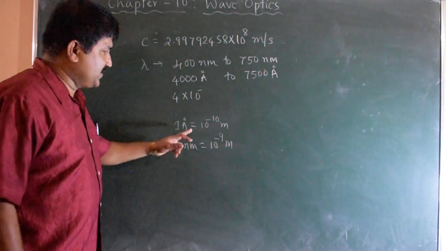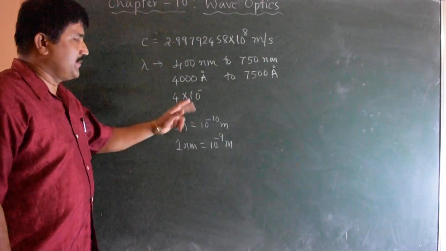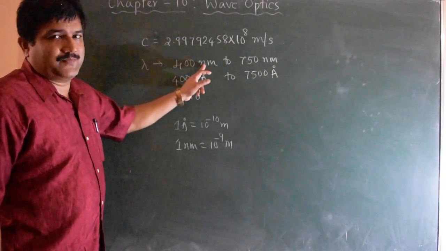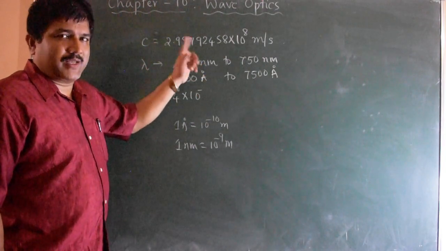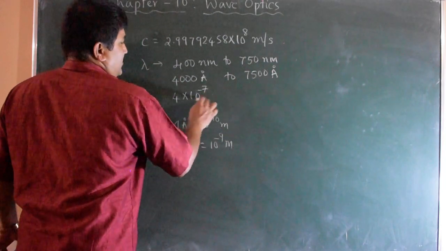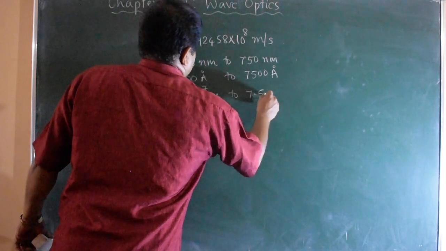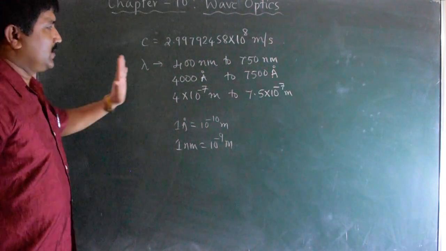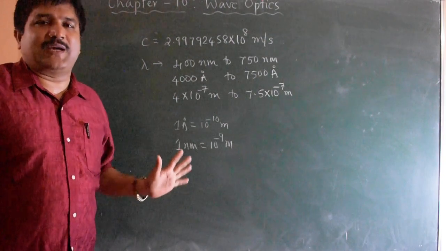If you make use of these substitutions, the wavelength range of light in meter we can write as 400 into 10 power minus 9, which is 4 into 10 power minus 7 meter, to 7.5 into 10 power minus 7 meter. So this is the approximate range of wavelength of visible light.